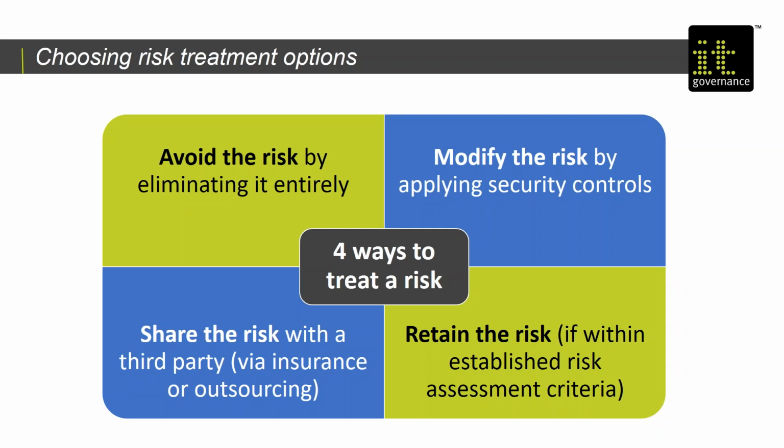So it talks about avoiding the risk, i.e. stopping the activity or not starting the activity that gives rise to the risk in the first place. Taking or increasing the risk, that tends to happen where there is an opportunity, and it's recognized that the likelihood of the opportunity being realized and the extent of that opportunity is such that it warrants taking or increasing an identified risk. That's the second one.